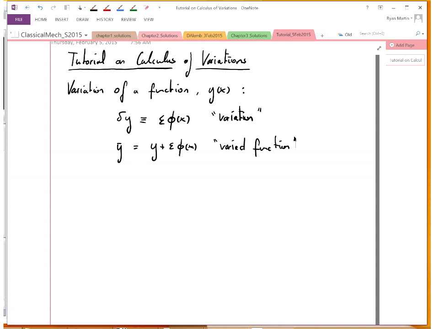And the varied function would be y plus epsilon phi of x. And we see that this leads to some properties such that if I were to do a d by dx of delta y, that is equal to epsilon phi prime of x.